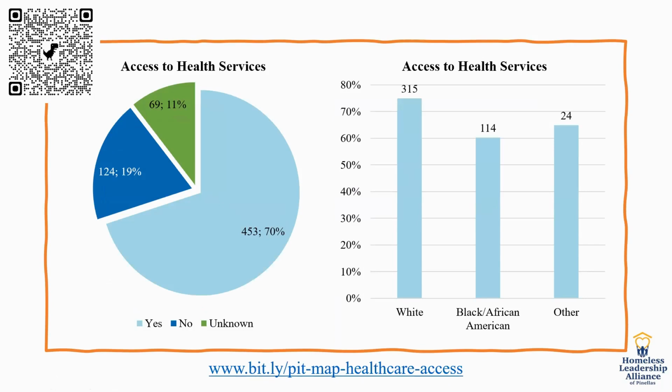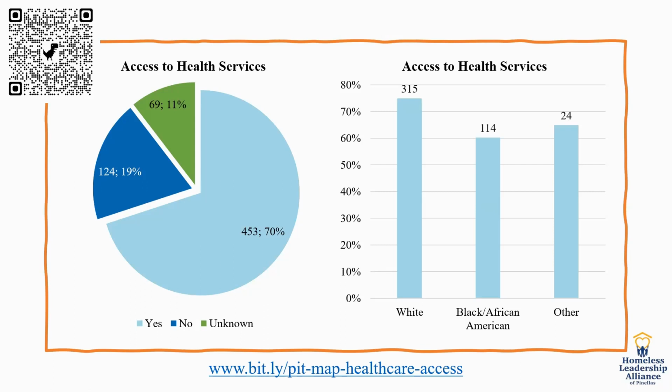And wherever you see the QR code, that indicates that there is a map available, so you can actually pinpoint where they are. The access to health services, 70% of PIT respondents, so unsheltered, reported that they had access to healthcare, which can be taken as good or bad. However, 19%, which is in the dark blue, denied having access to health services.